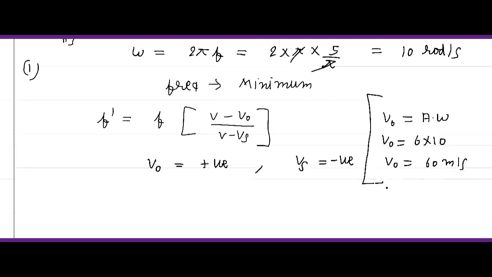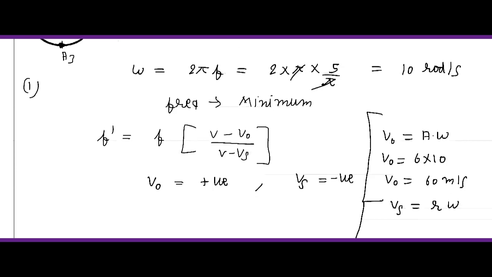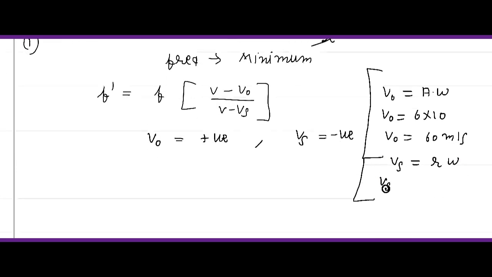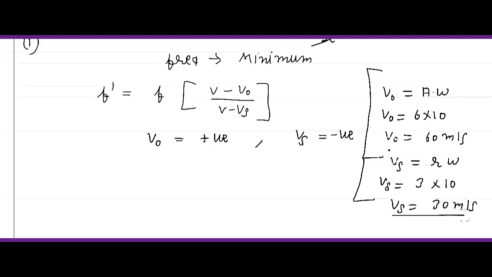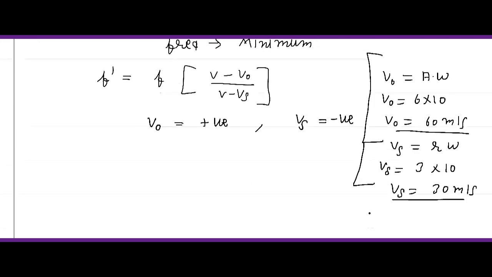And now Vs is equal to R into omega. R is 3 and omega is 10. So Vs is equal to 30 meter per second. And taking the velocity of sound in air as 340 meter per second, now we can find f dash.